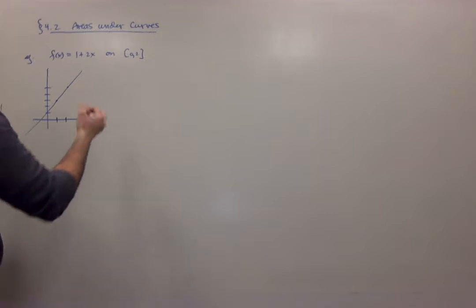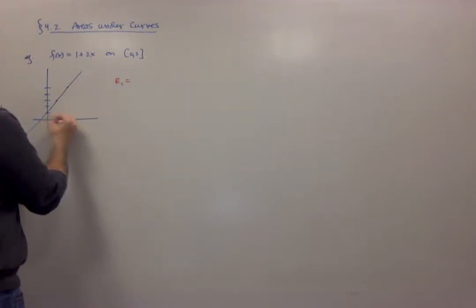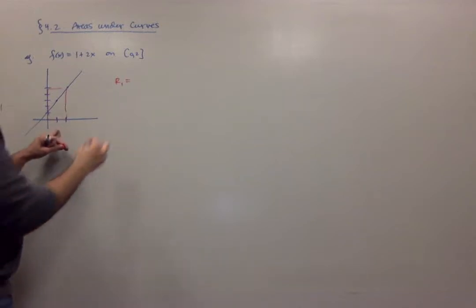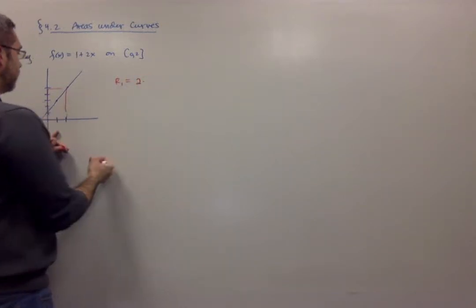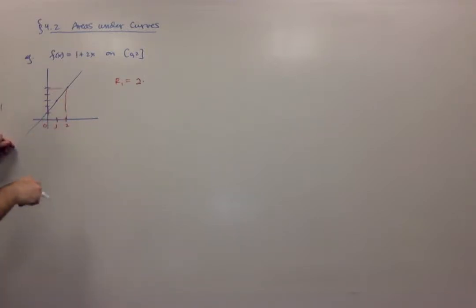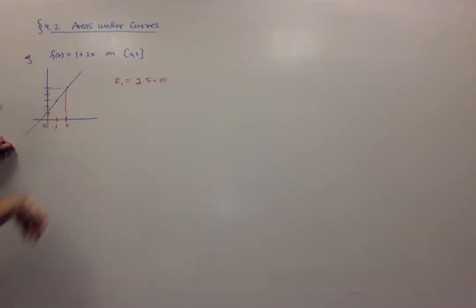So if I were to do R1, in other words, one rectangle right here like this, the width of that rectangle would be 2, and the height would be what I get when I plug 2 into the function. Now when I plug 2 into that function, I get 5. So that rectangle is 10 right there. We know that the answer should be 6, so this is not a great approximation, but it's okay.